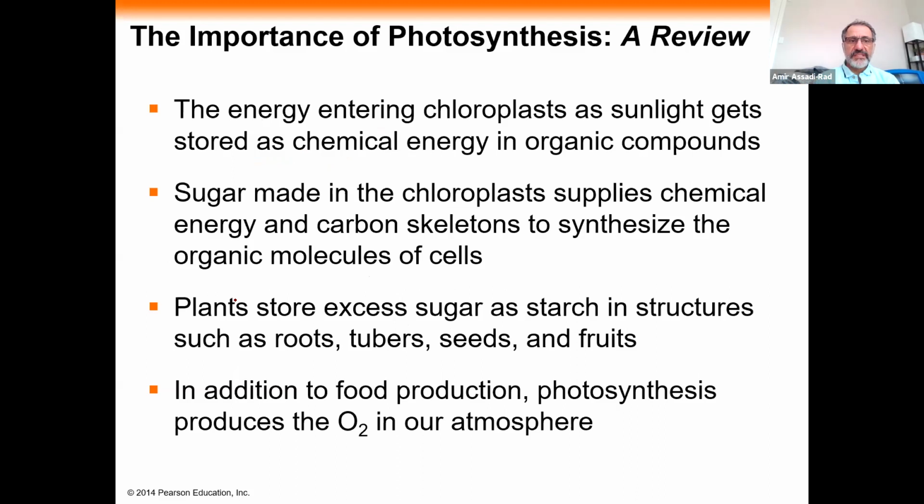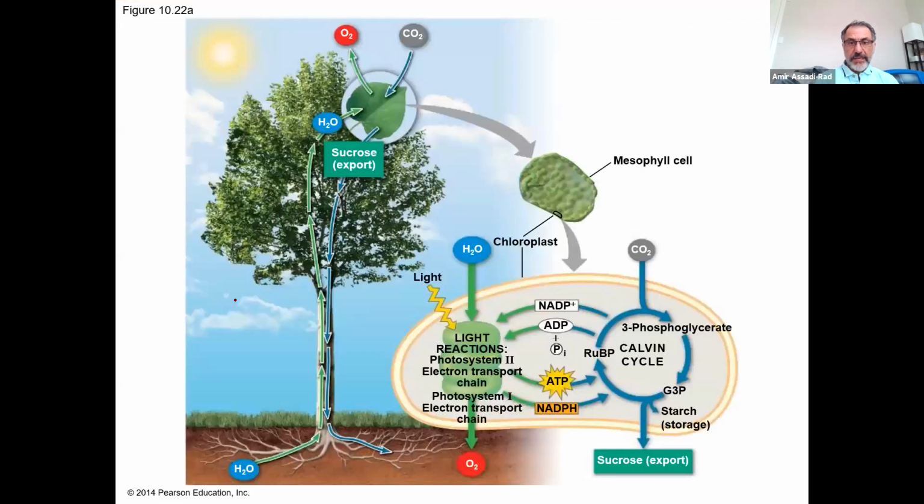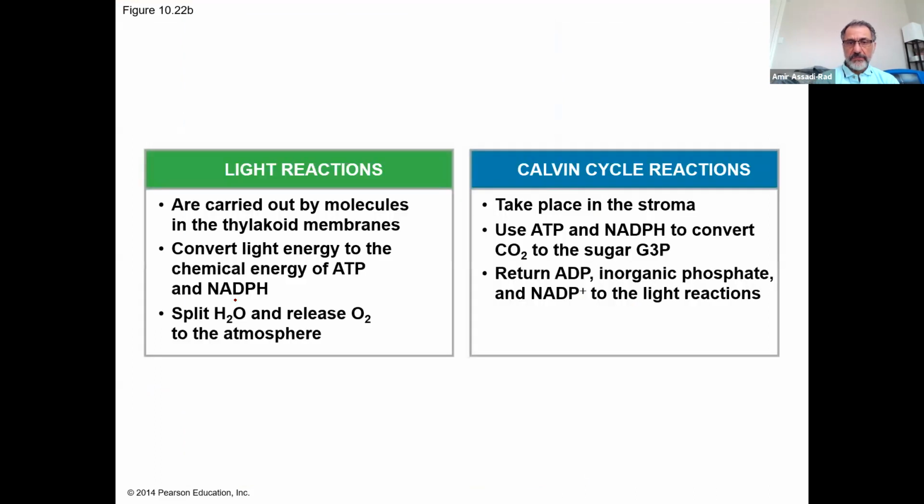Importance of photosynthesis: as I let you read, it is important. It stores energy for us on planet Earth, and we use it all the way from eating food to making buildings from this process of photosynthesis. Right here, he's talking about it. In the Calvin cycle and light reactions, he's comparing them, make sure you know them.